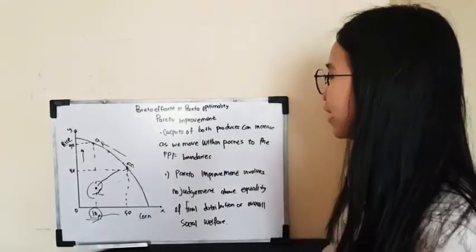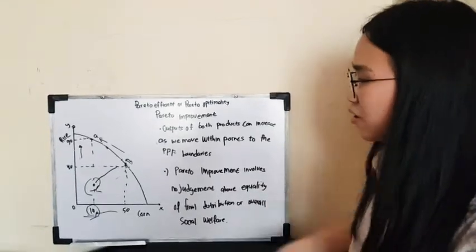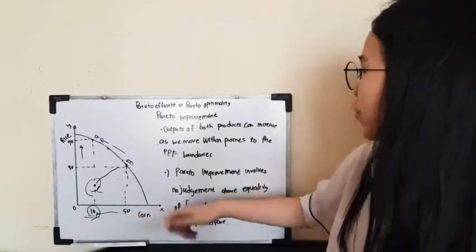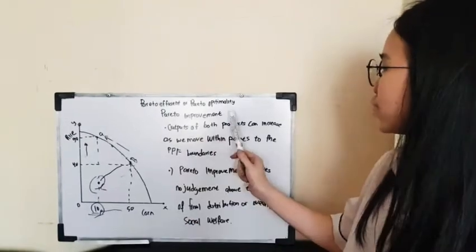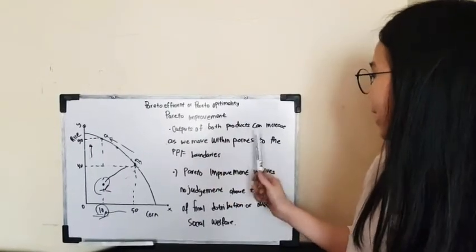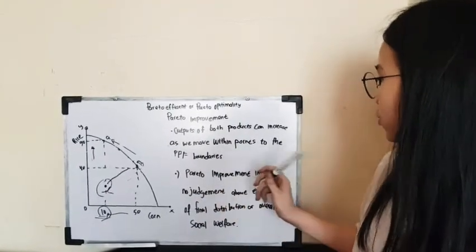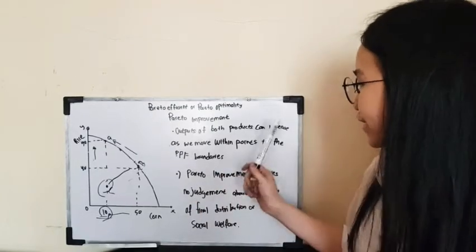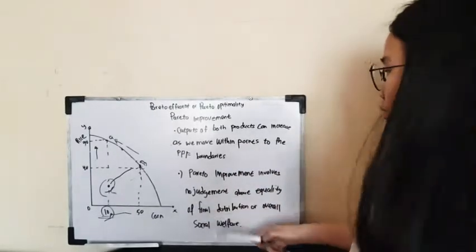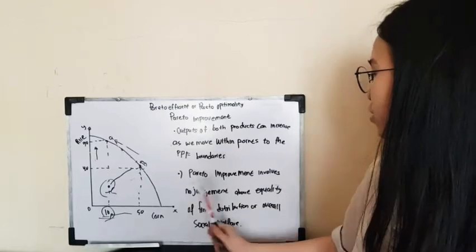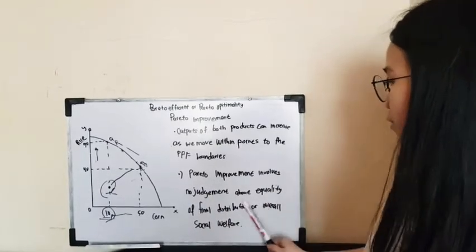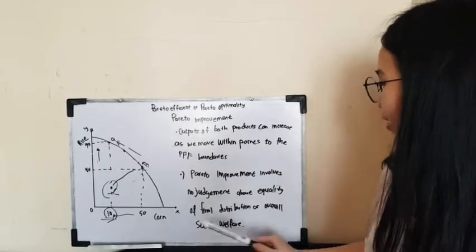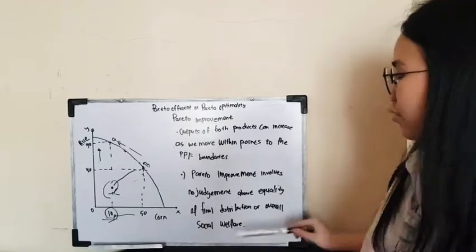Okay, now that we have already discussed Pareto inefficiency at point C, now we will talk about Pareto improvement. Pareto improvement is when the output of both products can increase as we move within points to the PPF boundaries. Now we will go to the next point. Pareto improvement involves no judgment about equality, meaning there can be inequality of final distribution or overall social welfare.